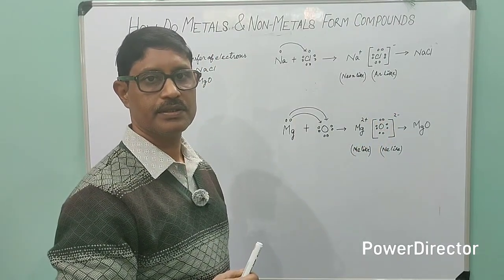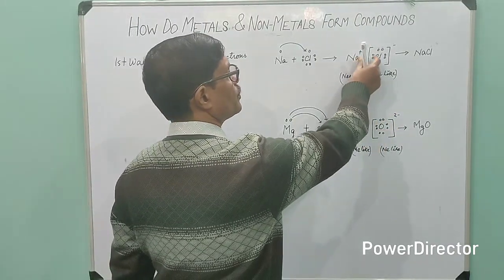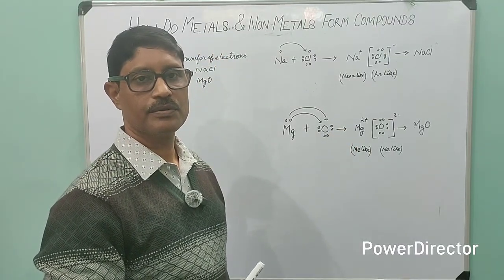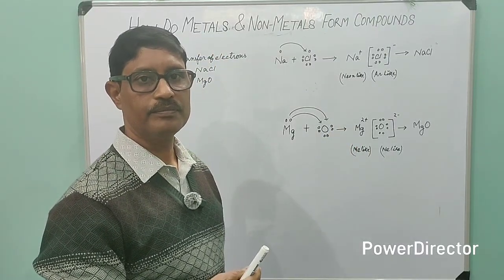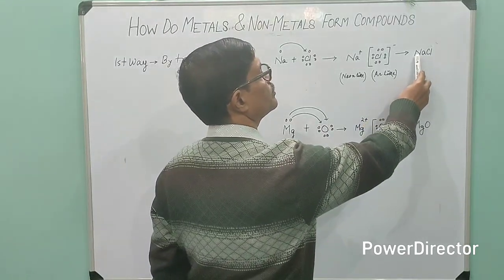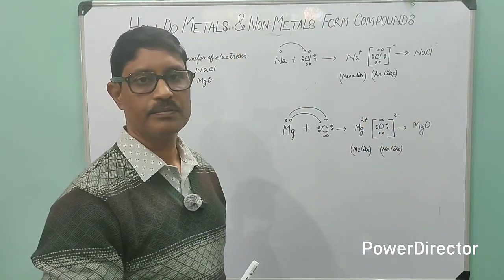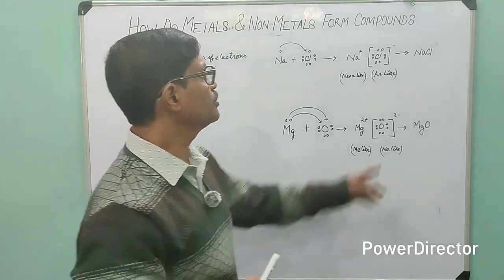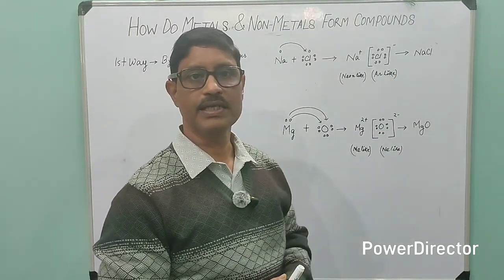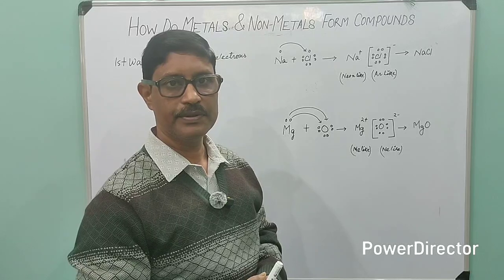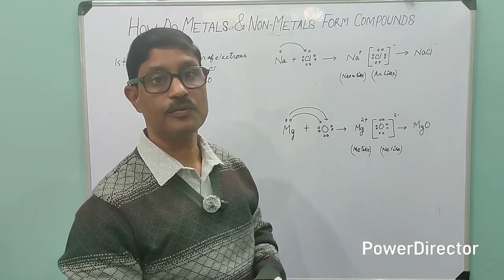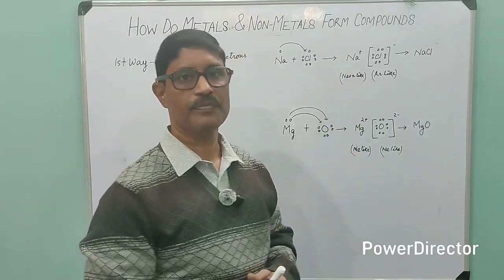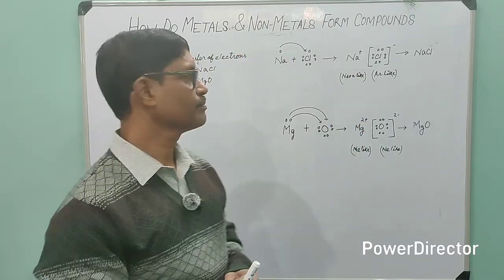As a result, between this positive and negative there is a binding force, the ionic bond, forming the sodium chloride compound. So sodium chloride is an ionic compound or electrovalent compound, because of formation of an ionic bond.